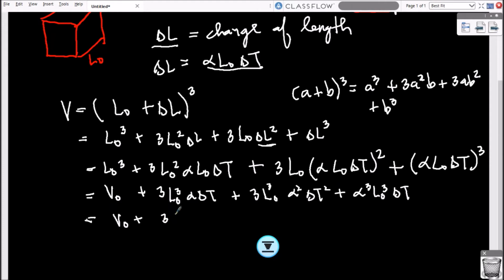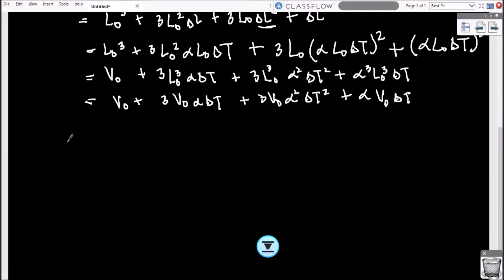So that will be 3 V of O alpha delta T, right? L of O cube is V of O. Now plus 3 V of O alpha squared delta T squared. So plus alpha cube, L of O cube is just the initial volume, times delta T cube, right?